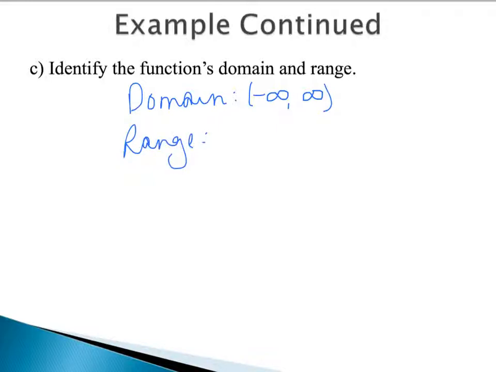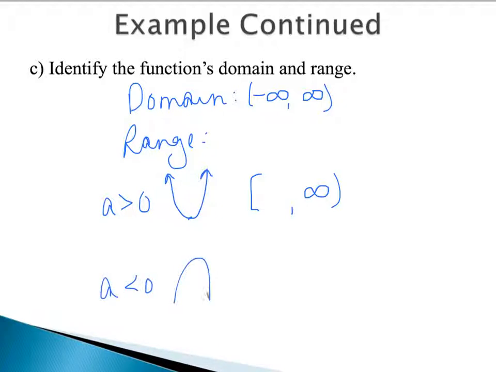Remember, we had a minimum because a was greater than 0, which meant that the graph was facing upward. And if we have a minimum, that means for our range that we're going to have some number, comma, infinity. The contrast to that is that if a is less than 0, that would mean that we would have a maximum, and we would be going from negative infinity to some number because the graph's facing downward.